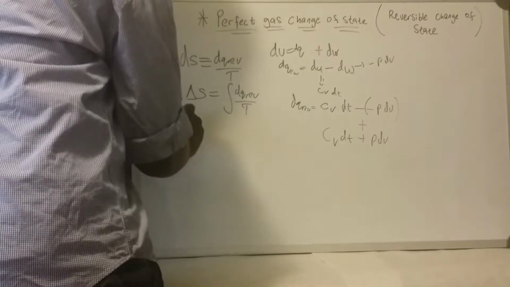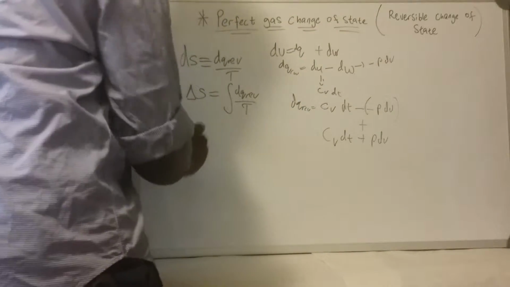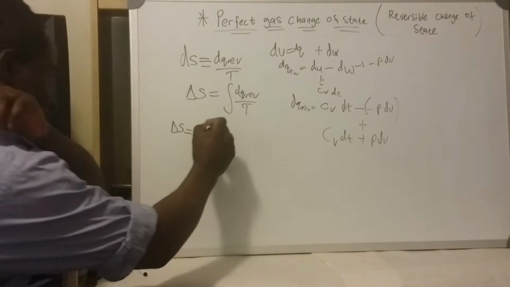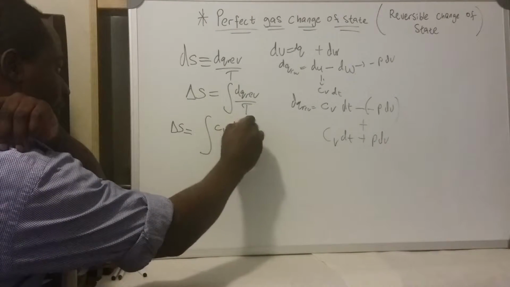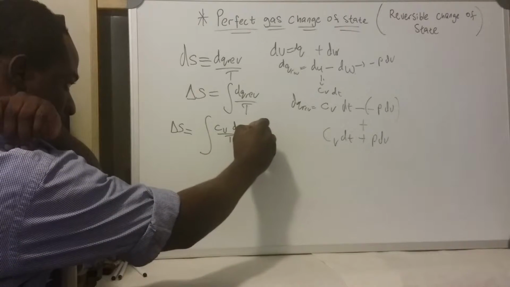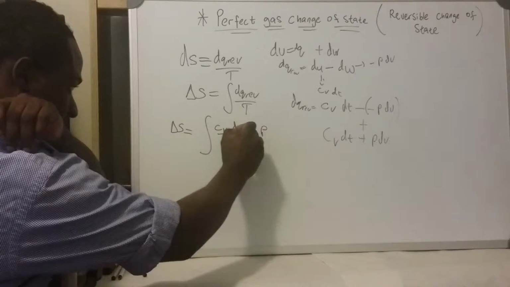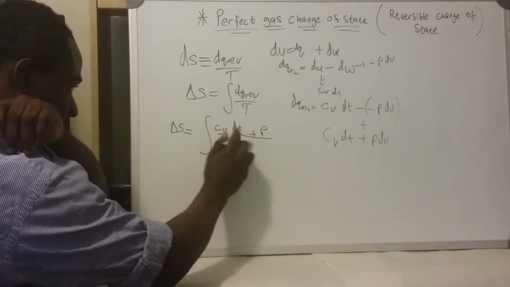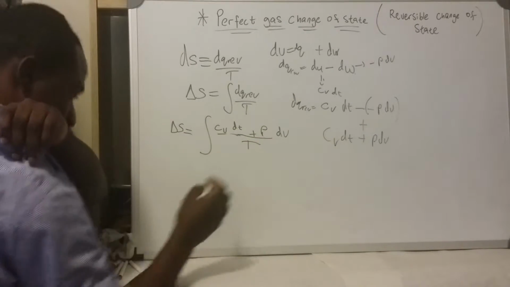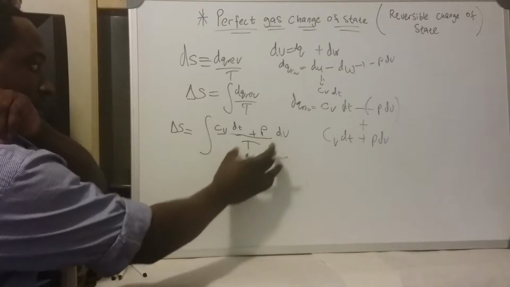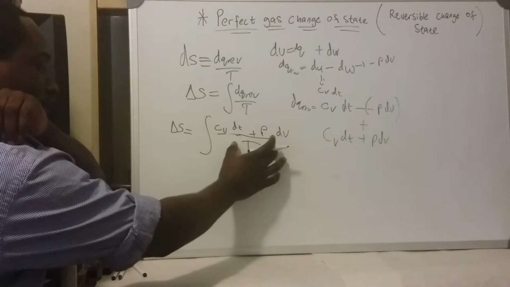So now I have delta S is equal to the integral of Cv dT over T plus P dV over T. Now we can split this integral into two parts because this is a sum of integrals.